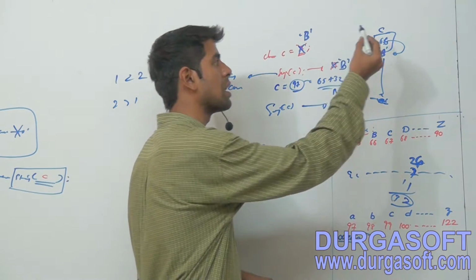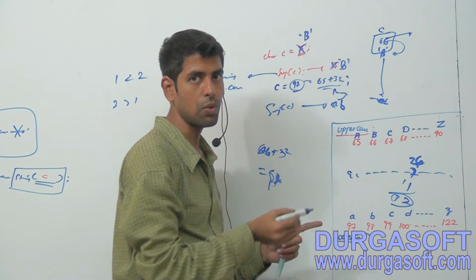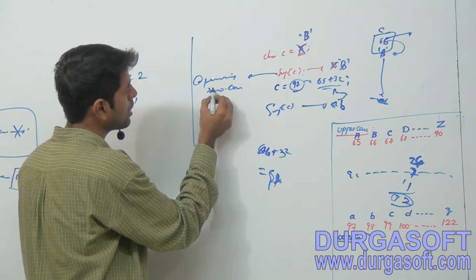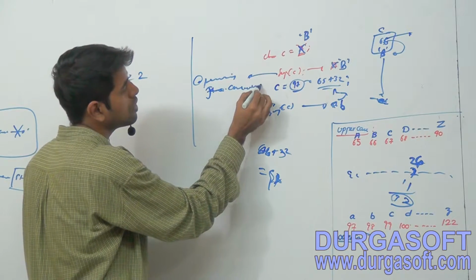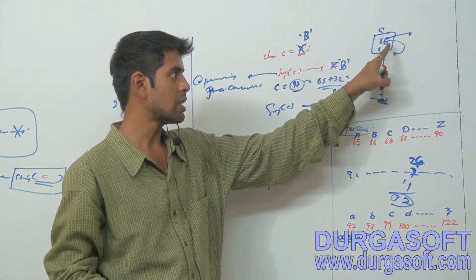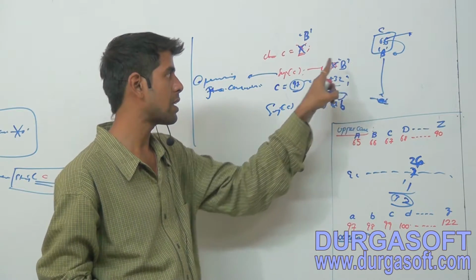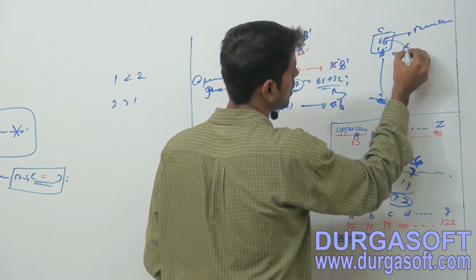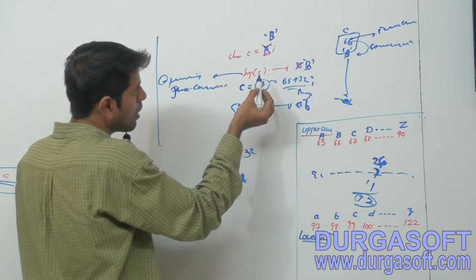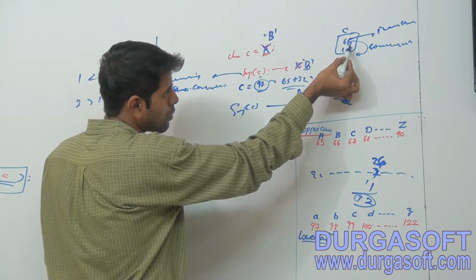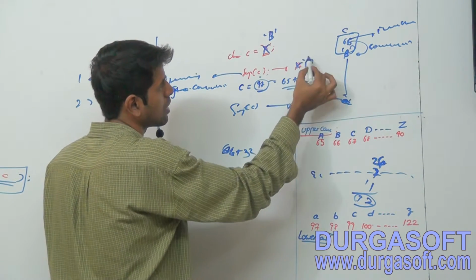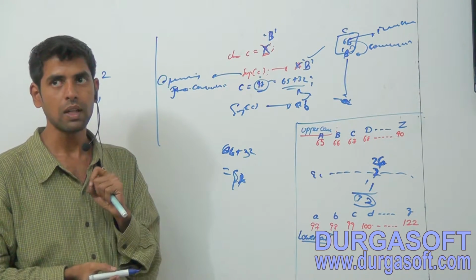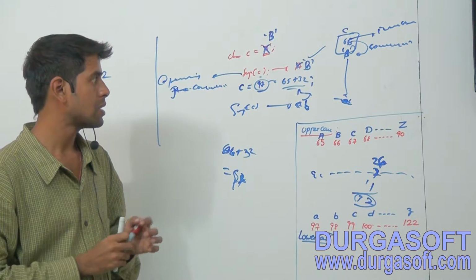I said internally the JVM stores Unicode. At the time of printing only, the JVM will do conversions. The 66 equivalent Unicode value is capital B, and capital B will be printed to us as output.